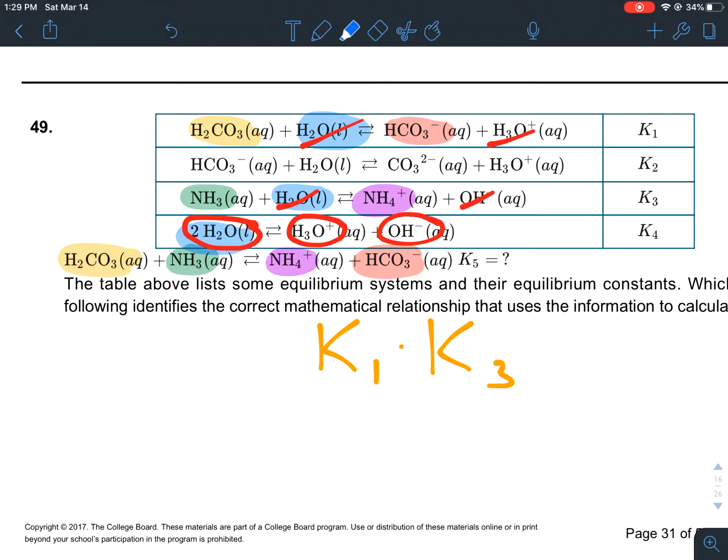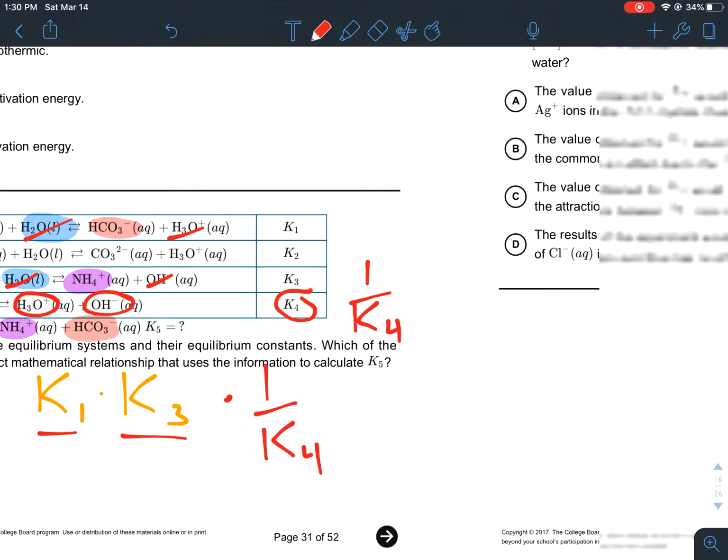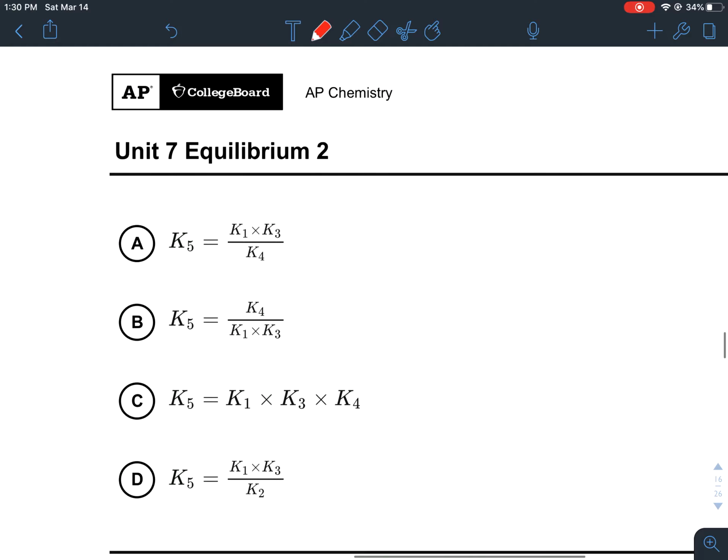That means I need to flip the bottom one. But when you flip a K expression, you do the inverse of it, 1 over K4. So I have K1 times K3 also times 1 over K4. Look at your possible answer choices. A has that K4 in the denominator. That is your correct answer.